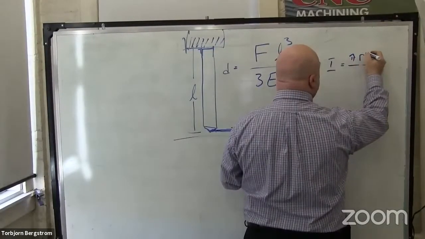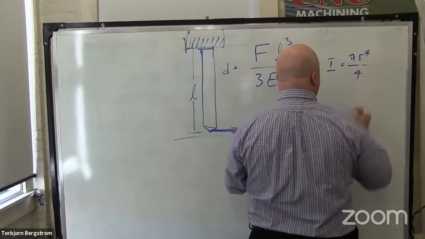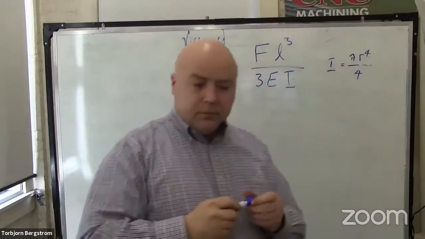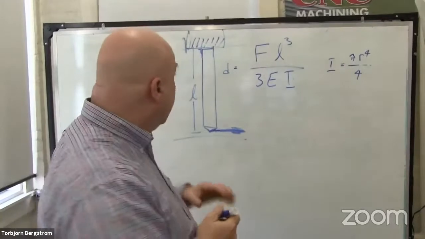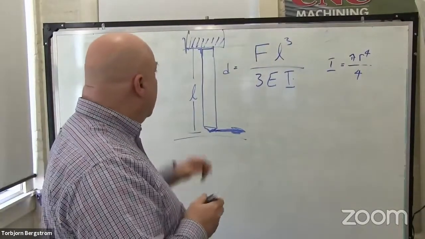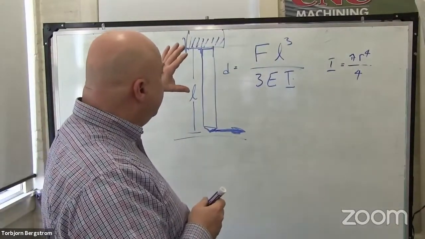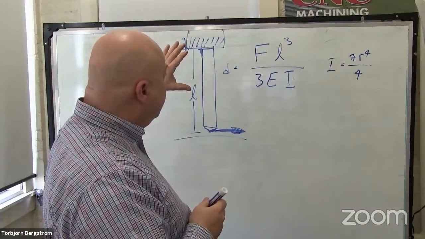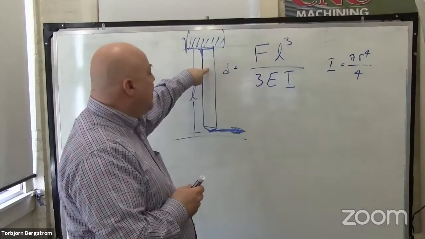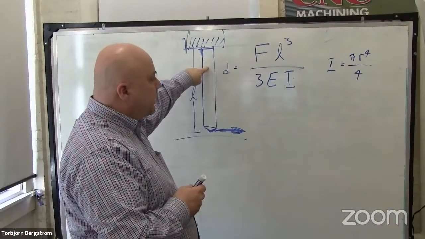Pi r to the 4th over 4. Both those equations look good to me. I think those are correct. So if I want this to not deflect or to deflect a minimal amount, what can I do?